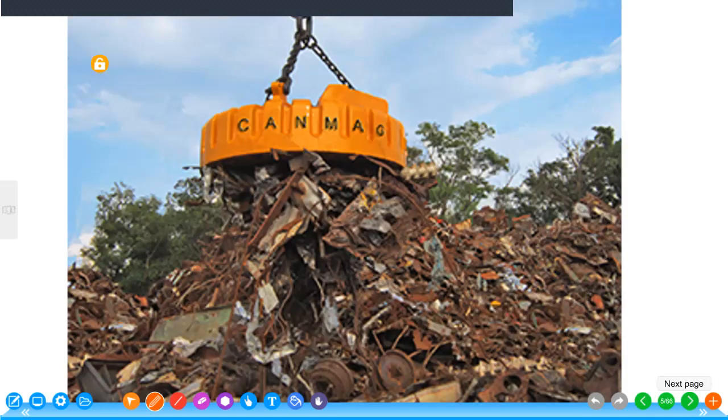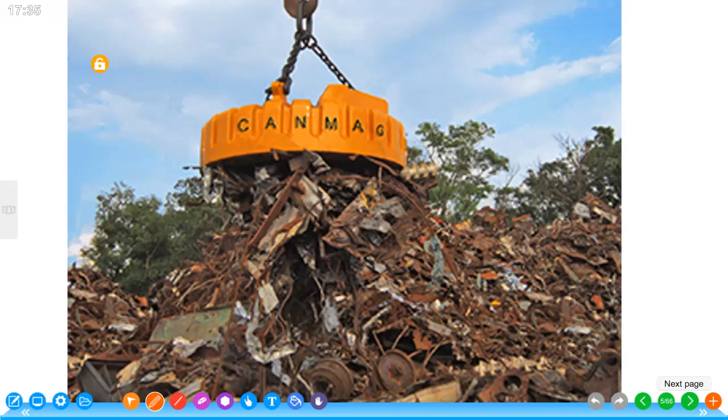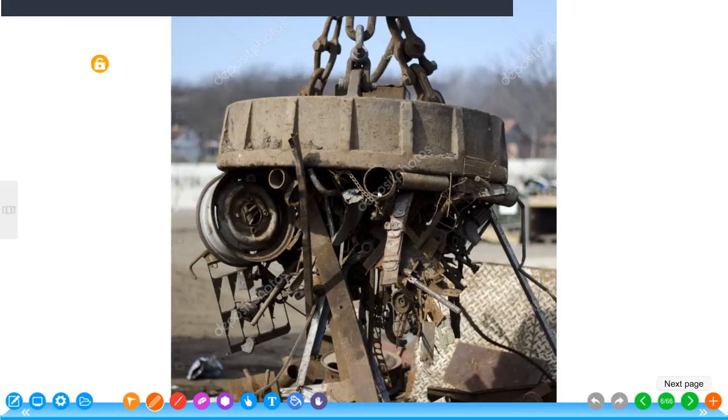So here also we get the same thing. Now this yellow color disc becomes a very powerful electromagnet. Pieces of iron get attracted to that. By that, loading and unloading can be done very easily. Here also we get a similar one.